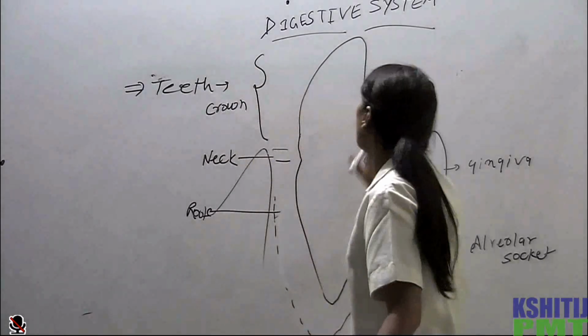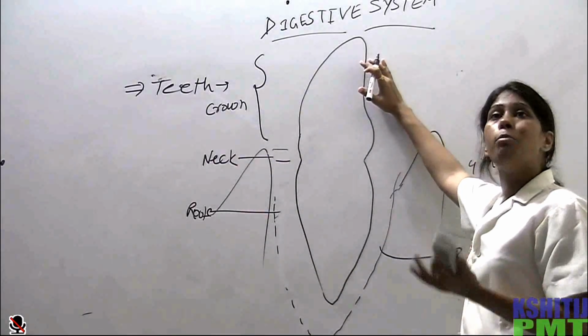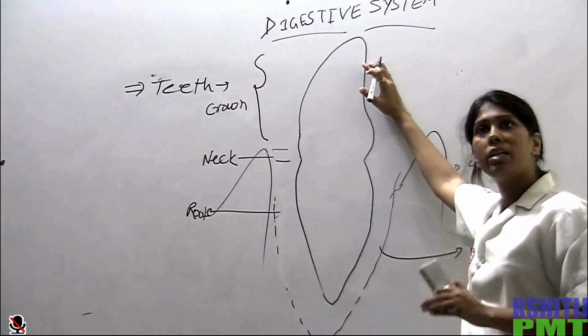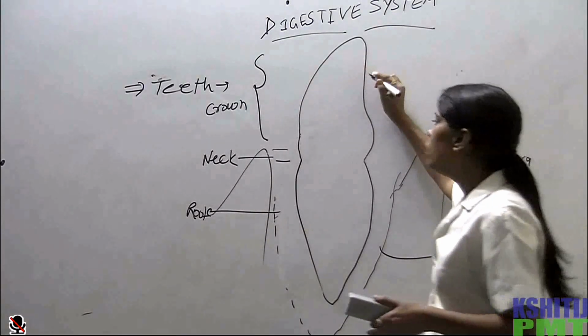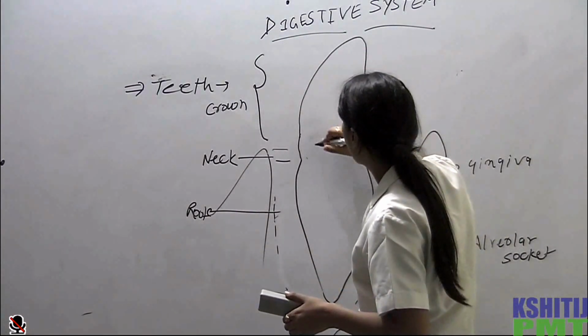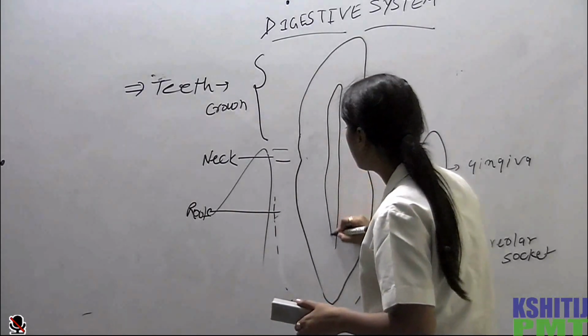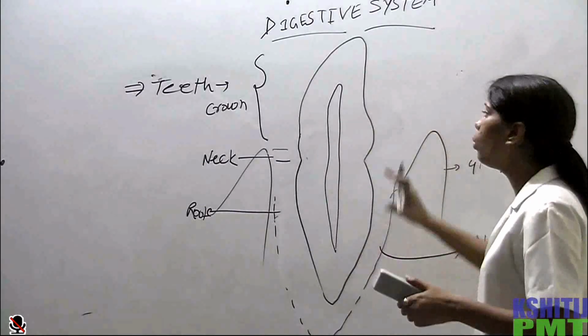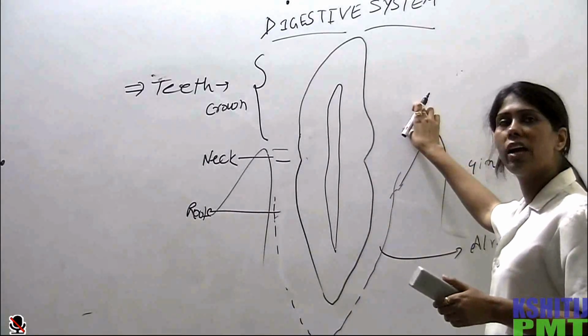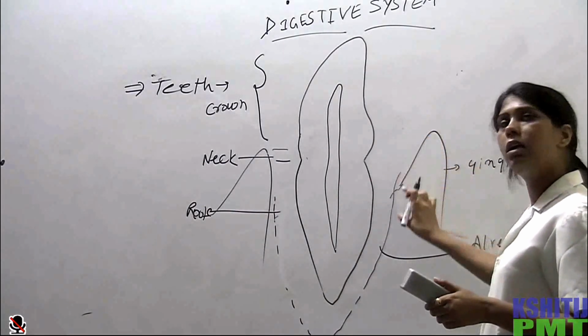Okay, now coming to the composition and structures which are present inside the teeth. Here, the innermost part of teeth is your pulp, which is present in whole teeth, including your crown, neck, and root part.